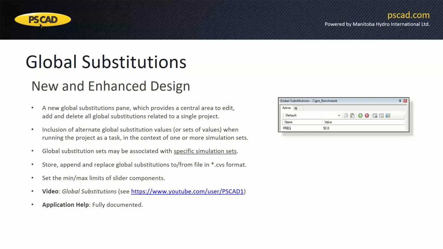Then, using the drop list, you can freely switch back and forth between these sets of substitutions. You can store and replace any of these substitutions using CSV formatted files, so you can maintain them in Excel, for instance, or something like that.